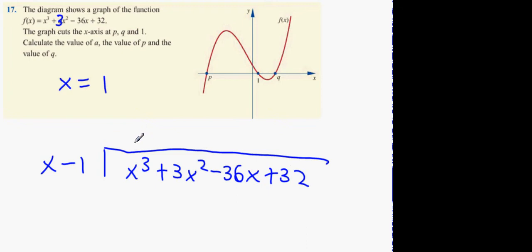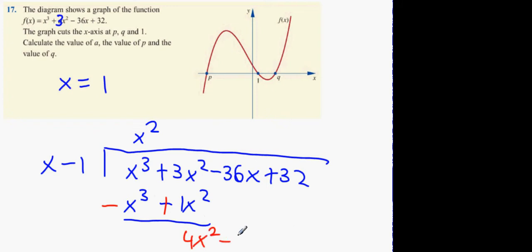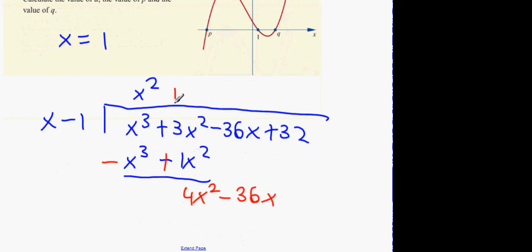Okay? x squared, it's going to be x cubed minus 1x squared. Take them away. We get a minus and a plus: 4x squared minus 36x. This time it goes in plus 4x times. Multiply by 4, 4x squared minus 4x.